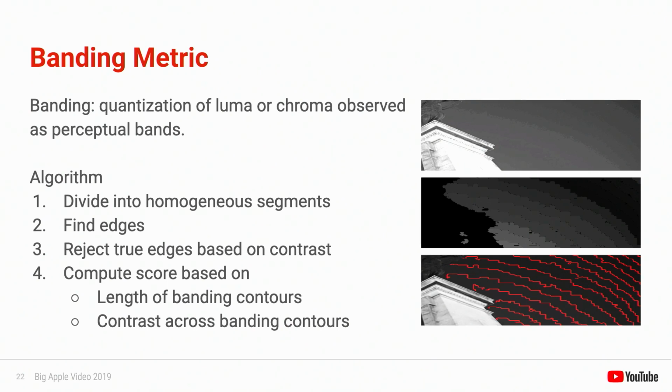Because the edges between the sky and building have higher contrast, we reject them and only use the edges between the bands when computing the metric. The red lines in the bottom image on the right are the banding edges after we've rejected the true edges between the building and the sky. Finally, we compute a score for the metric based on the lengths of those banding contours and the contrast across the banding contours.